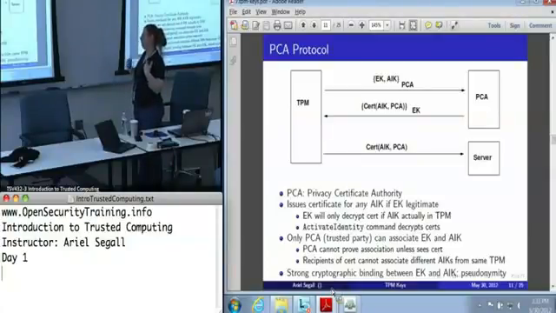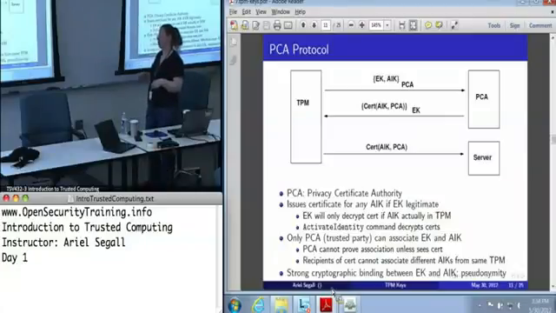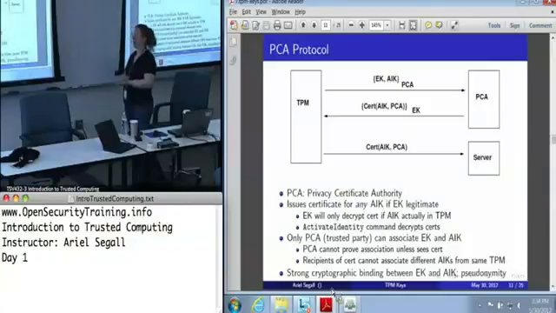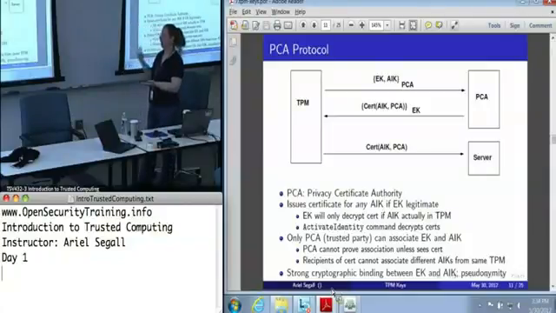And that returned data is what unlocks the actual credential, because the credential is a little bit big. But fundamentally, yes, the endorsement key decrypts it, checks the AIK, and if the AIK is legitimate, returns the data, and if not, it just returns an error. It doesn't give anything back.